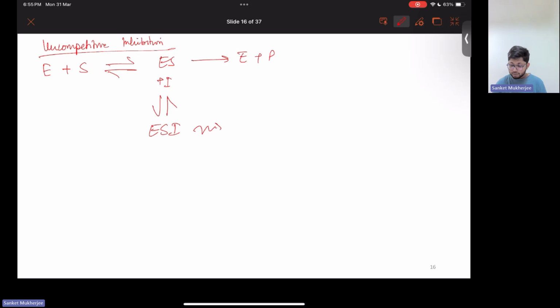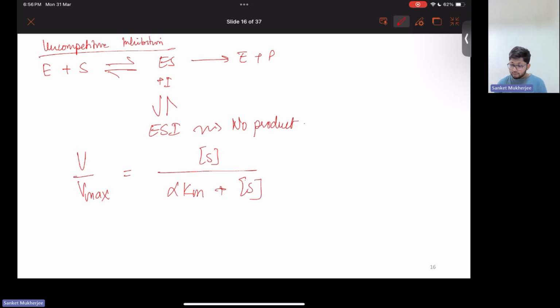And this leads to no product formation. Fine. And the final equation looks very similar to competitive inhibition: V by Vmax is equal to S by alpha Km plus S.